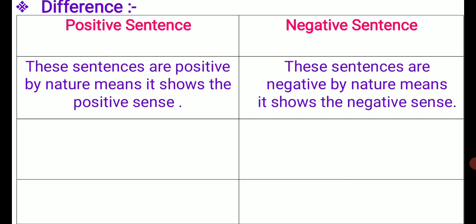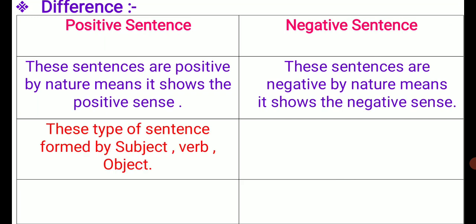What is the reflection of negativity? We use no or not in the sentence, and by using no and not, we see the negative sense of the sentence.